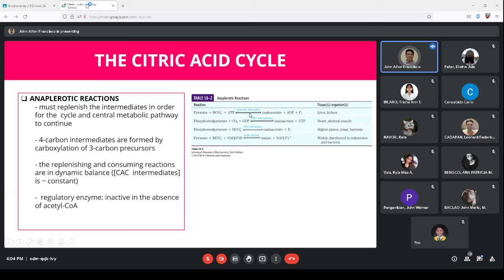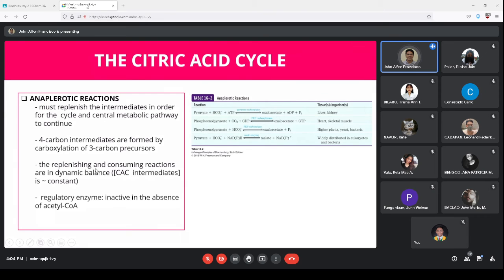As this oxaloacetate ay important nga for our citric acid cycle. So hindi lang siya nanggagaling from the cyclic reaction, pero may mga other resources din ng oxaloacetate. Important ngayon na ma-produce dahil ito yung initial component na kailangan para makapag-produce ka ng citrate to undergo yung citric acid cycle.